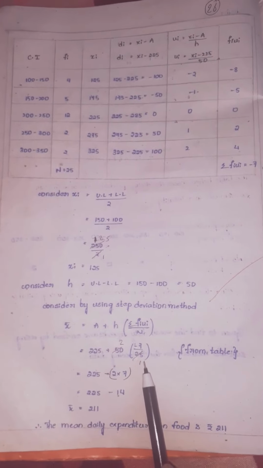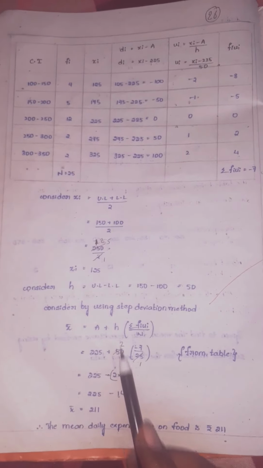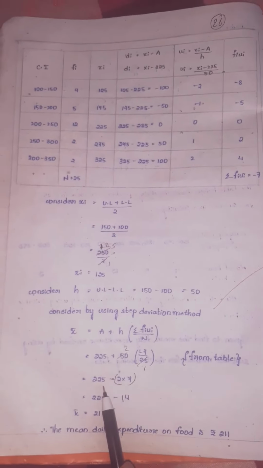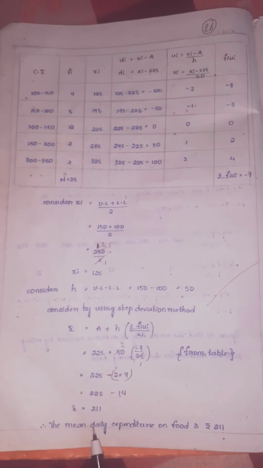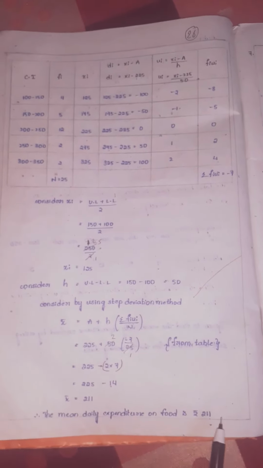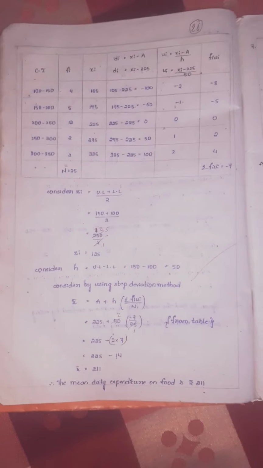So 25. So plus into minus, how much, children? Minus 2 into 7, 2 sevens are 14. So 225 minus 14, how much, children? 211. So the mean daily expenditure on food is how much? Rupees 211. So in this way you should do the problems, children. Is it clear?